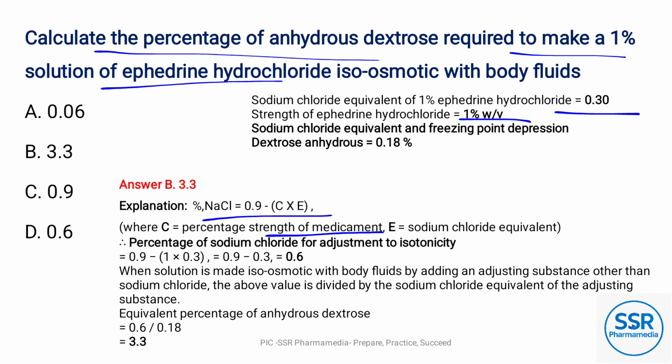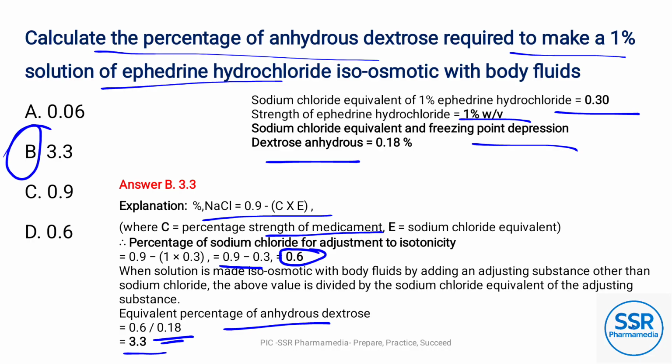So 0.9 minus 0.3 gives 0.6. This 0.6 percentage is equivalent to anhydrous dextrose, so 0.6 divided by the dextrose E value of 0.18 gives 3.3. So option B is the correct answer.